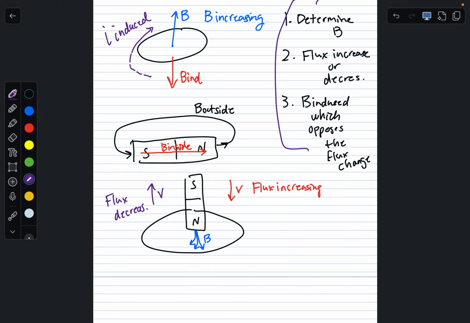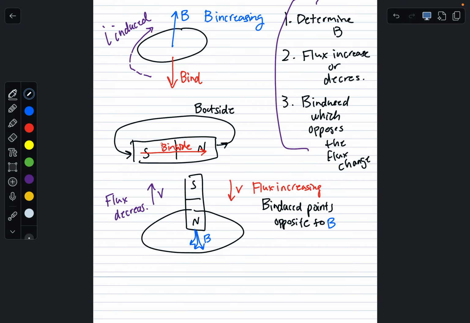And so why do we care about the flux increasing or decreasing? Because that's how we decide how to do the right-hand rule, right? Whenever flux is increasing, B induced points opposite to the existing B field, the blue one.